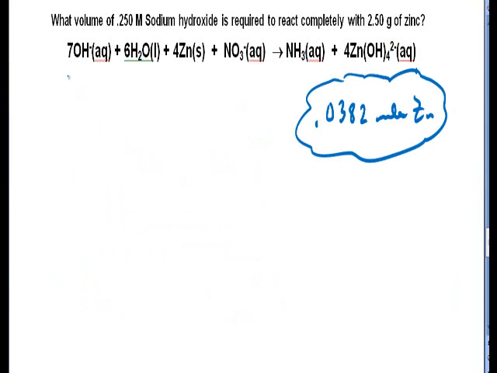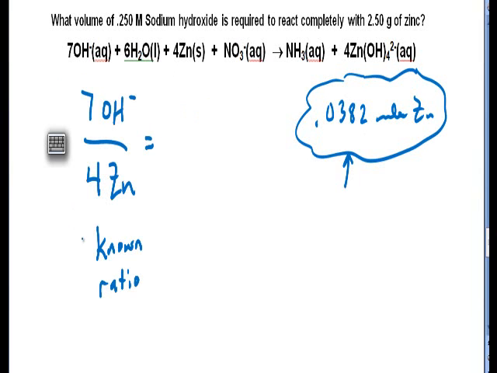If we now take a look at the balanced equation, we can see that for every 7 OH- that react, they react with 4 zincs. This will allow us to set up a proportion to figure out how much hydroxide would be necessary to react completely with our 0.0382 moles of zinc that we have present. We can set up a known ratio from the balanced equation, which tells us that we have 7 OH- per every 4 zincs.